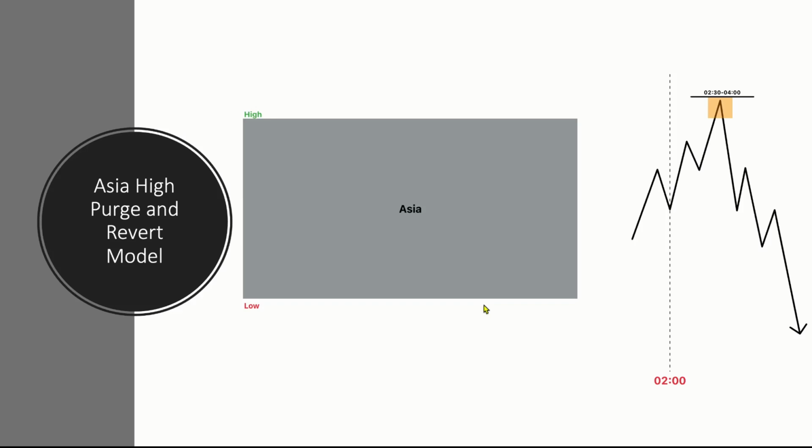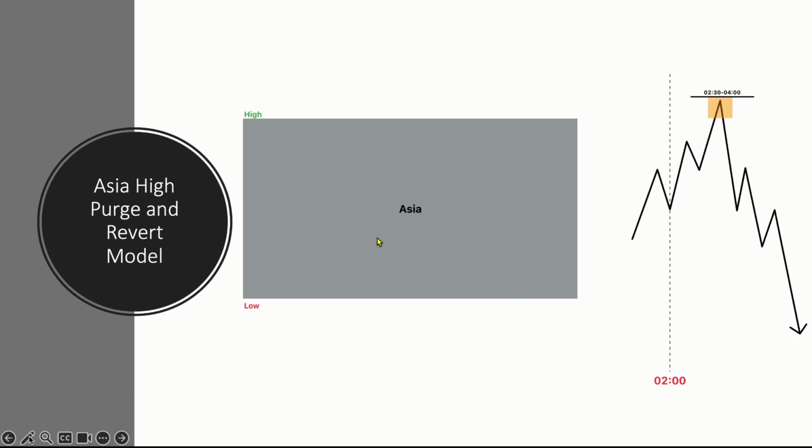So let's take a look at the Asia High, Purge and Revert model. For the Asia High, Purge and Revert model, we will be looking at the following. We will be looking at, first of all, a market that is predetermined to go lower. So from the higher time frames, we have established that the market is likely to draw lower towards a sell side objective, a key liquidity pool, or an old imbalance that price is likely to revisit.